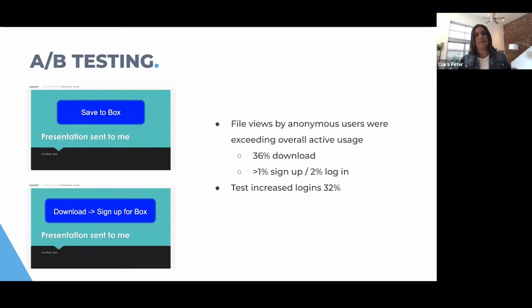And that was really successful because the second version of the test performed about 32% better than the first version, and almost twice as well as the existing design.